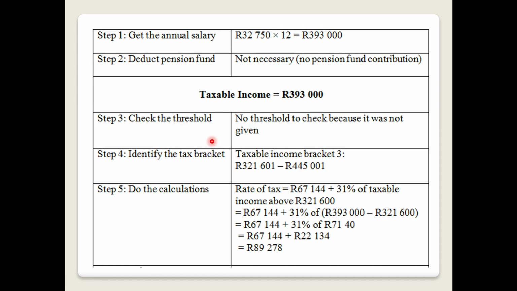No threshold was given to check, and like in the previous question, this is way above any threshold, but there was no threshold given, so then you don't check the threshold. Step number 4, identify the tax bracket.